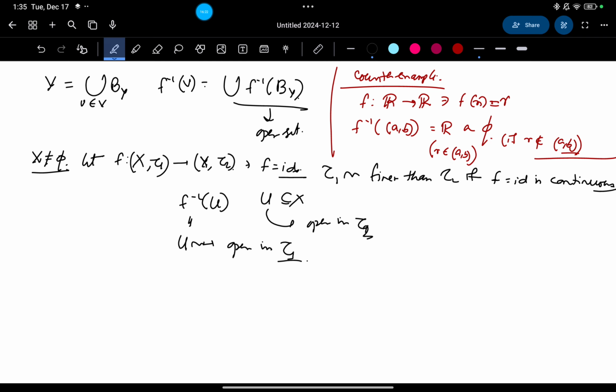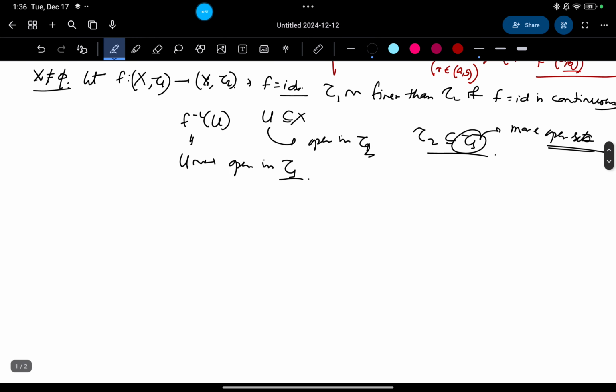So that means tau 2 is a subset of tau 1. So tau 1 has more open sets. In fact, if you take any basic open set, then it is also open over there.